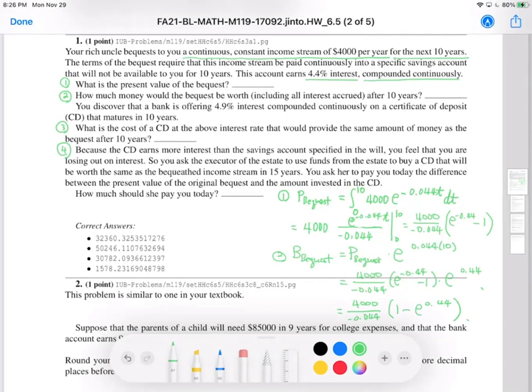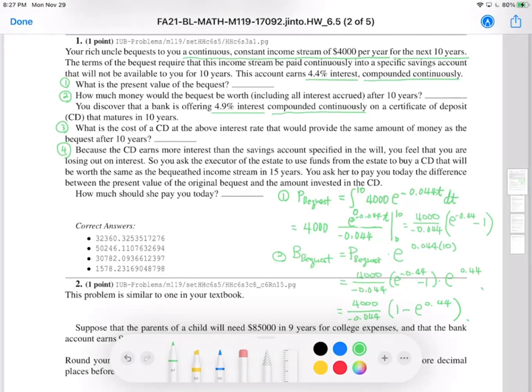So number 3, now the CD offering a slightly bigger interest rate, okay, also compounded continuously.